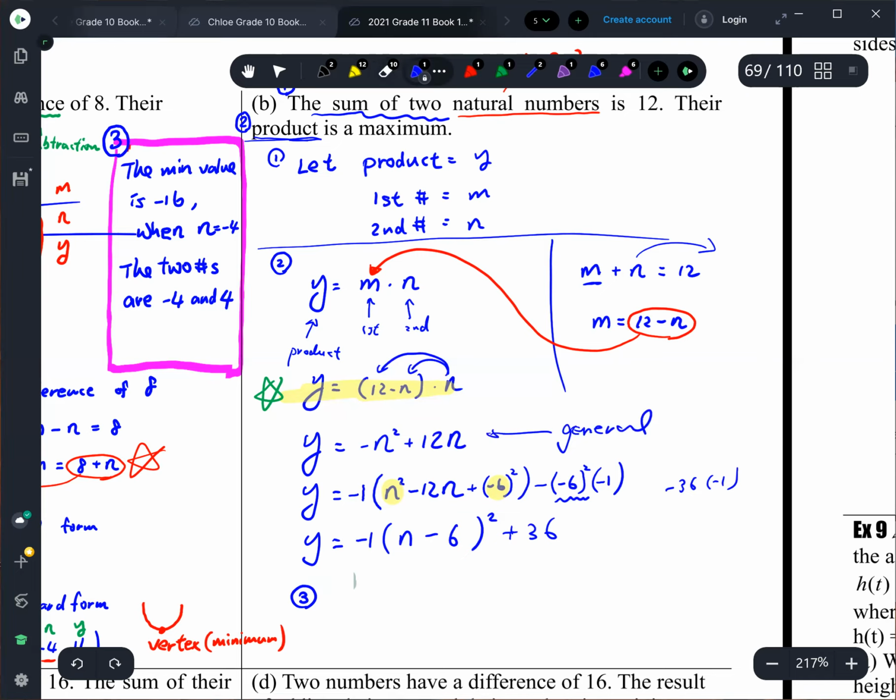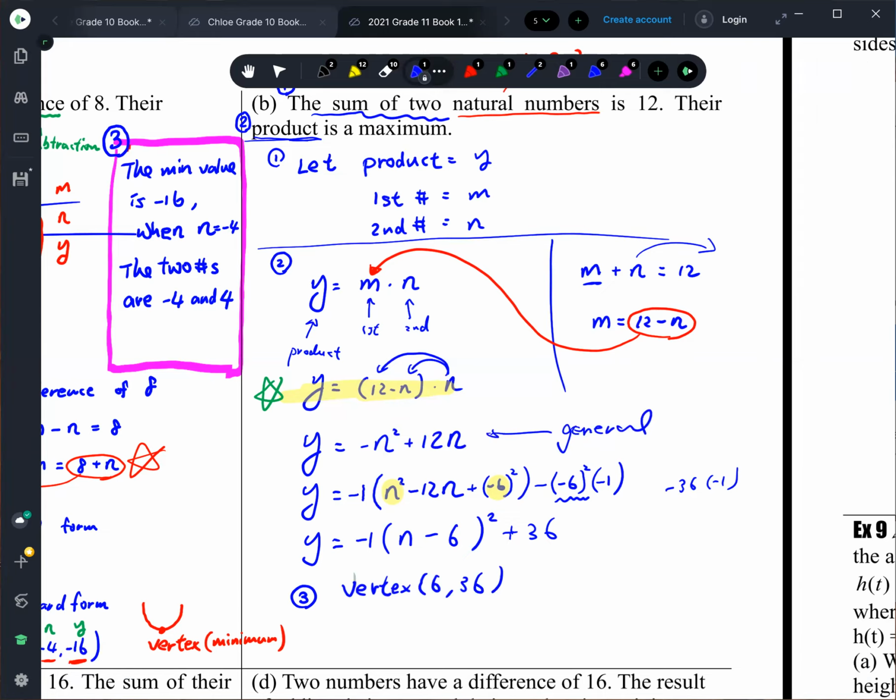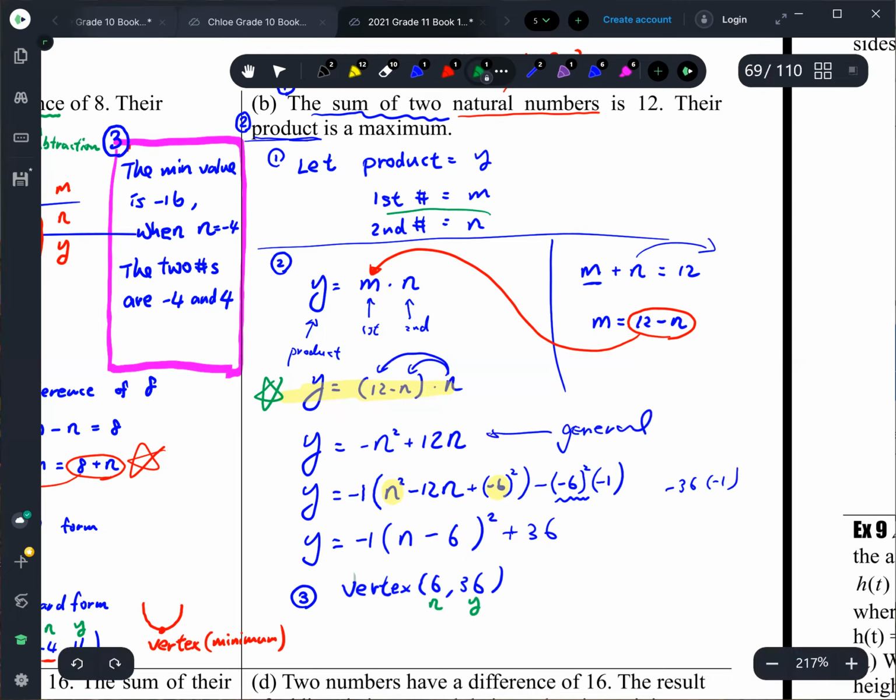So we have our vertex at 6, 36. And based on our variable, right? The 6 is the n, 36 is the y. So n is the first number, m is the second number, right?